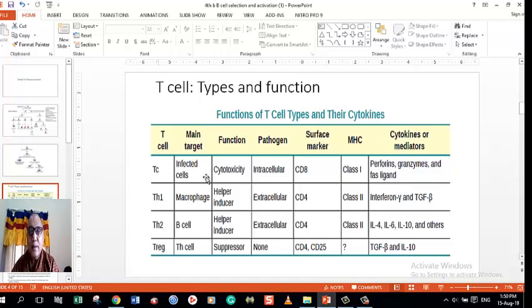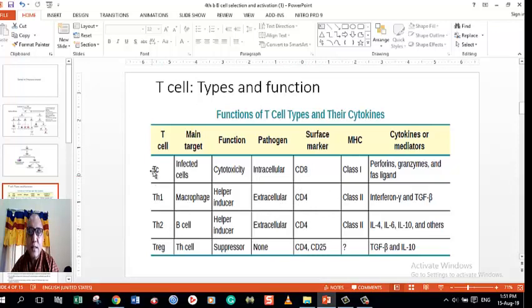One thing that you have to keep in mind is that the surface of the cytotoxic T cells will have the protein surface receptor CD8, and T helper cell 1 and T helper cell 2 will have surface receptors CD4.